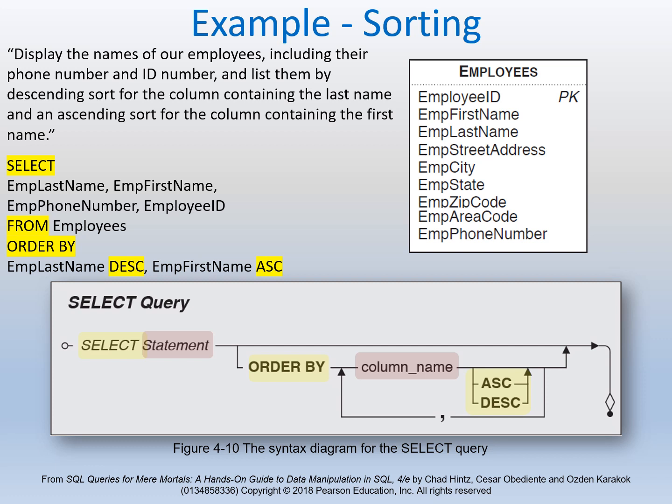The select statement would be select employee last name, employee first name, employee phone number, employee ID from employees order by employee last name descending DESC, comma, employee first name ascending ASC.